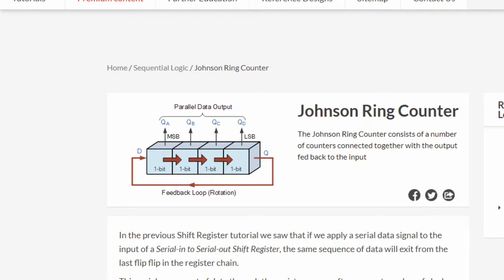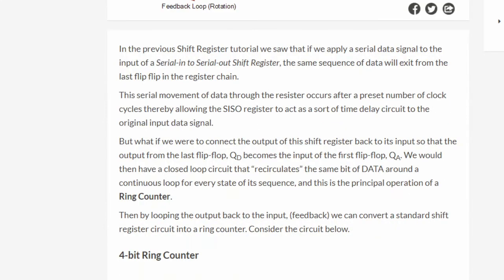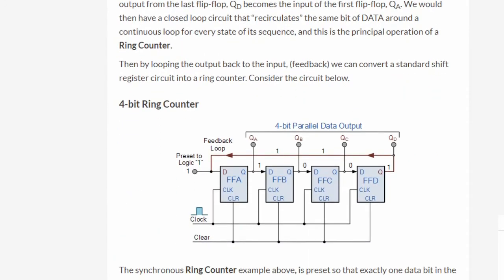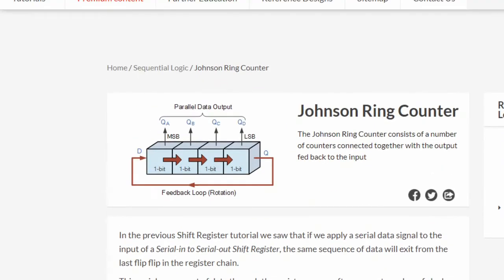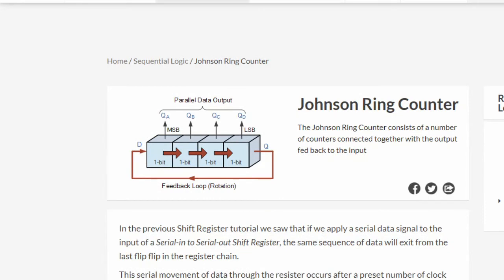Now, what pattern should I move around? It's like 1 bit moving around, or 2 bits moving around, or 3 bits moving around. This pattern is practically possible with this particular circuit, the Johnson counter. In other words, I give my data serially into the system, and it can give me the output in parallel.